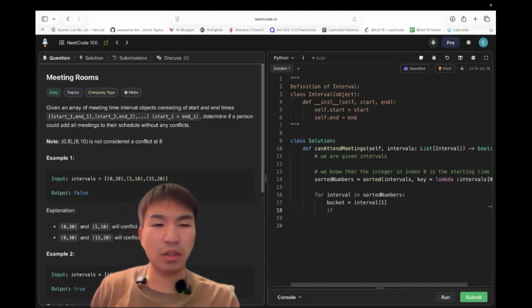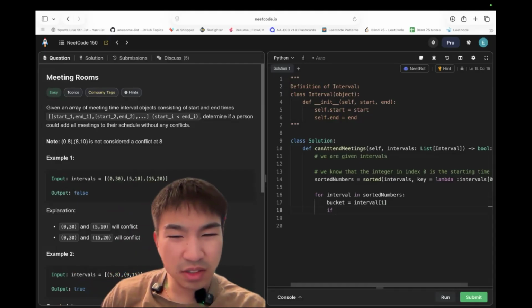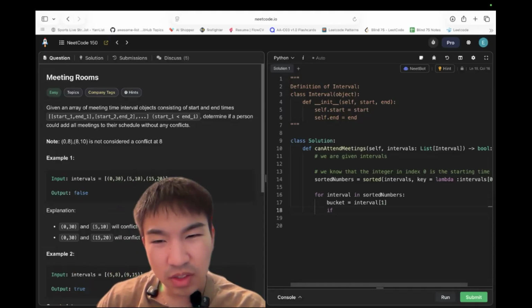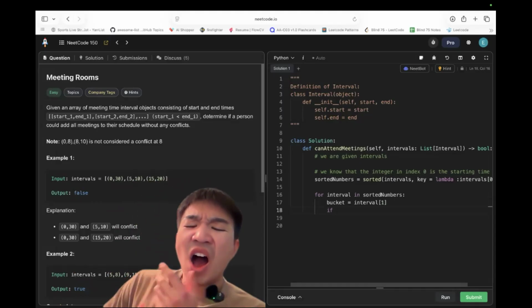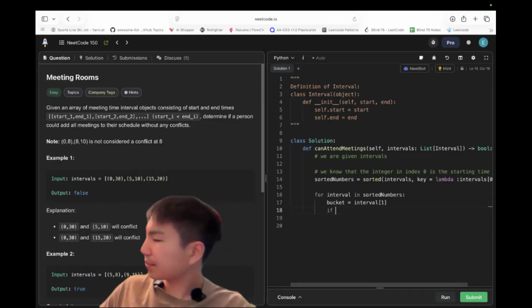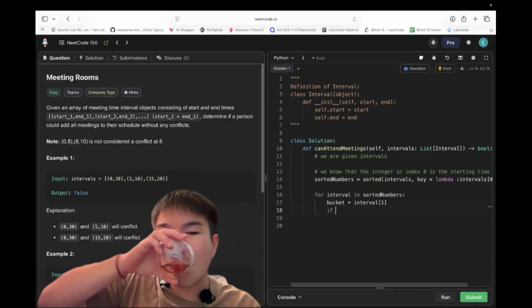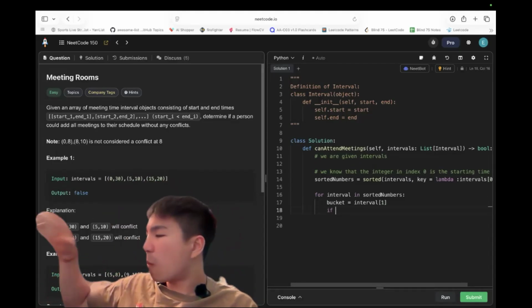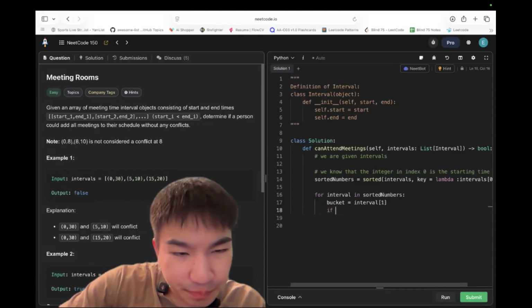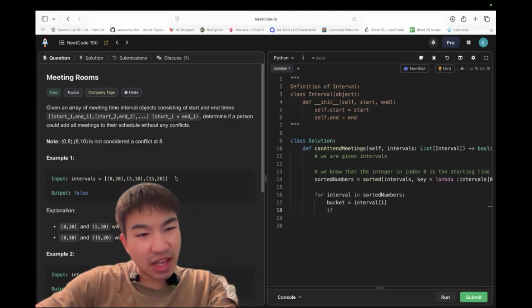I think for the first one, we don't really do that, right? For bucket, interval to 1 is equal to. How would you compare 30 with 5? The syntax for that, I don't know. I just have to ask.